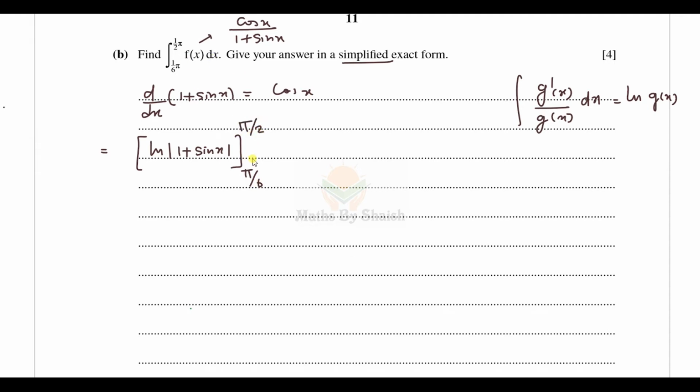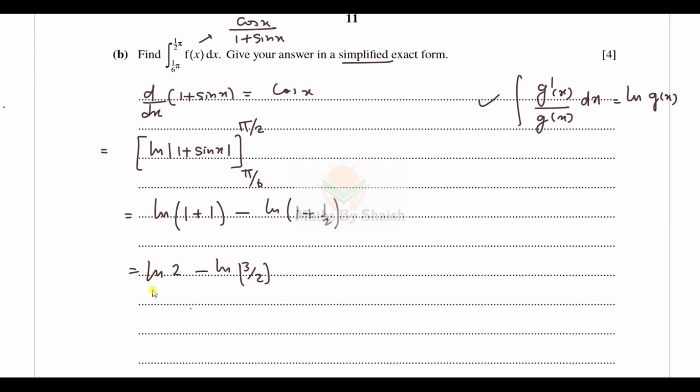This is the integration, and this is the explanation of how it is of this form. Hence it is ln of 1 plus sin pi by 2, which is 1, minus ln of 1 plus sin pi by 6, which is 1 by 2, so plus 1 by 2. It is ln 2 minus ln 3 by 2.